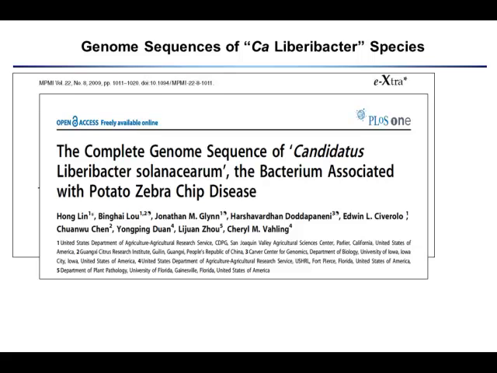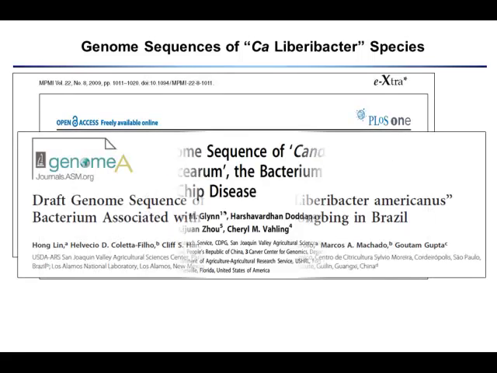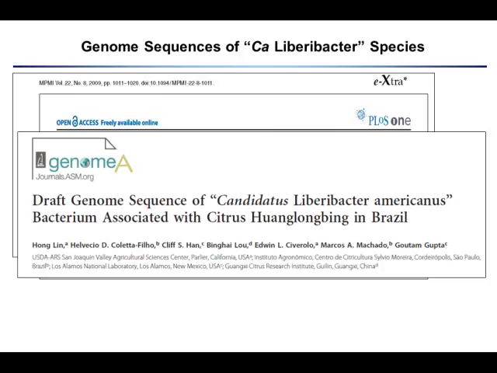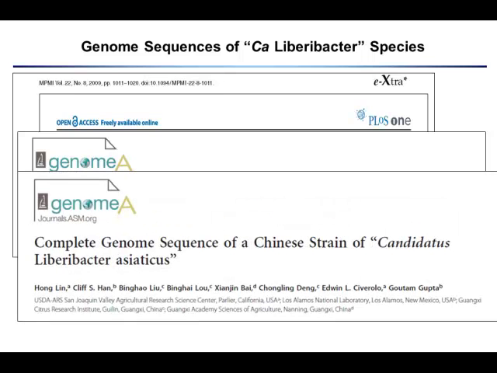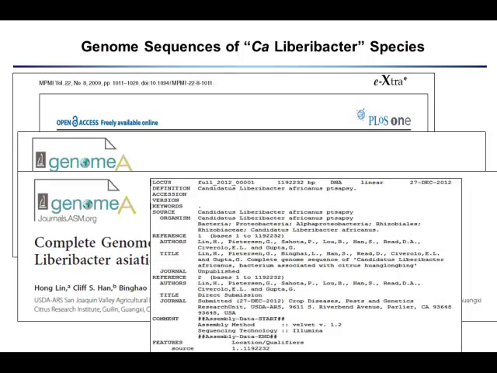We continued the international collaboration and completed another species, Americanus, in Brazil, and then the Chinese strain of Asiaticus, again the HLB citrus strain. More recently, we completed the Africanus species. So up to date, all four pathogenic bacteria have completed genome sequencing.